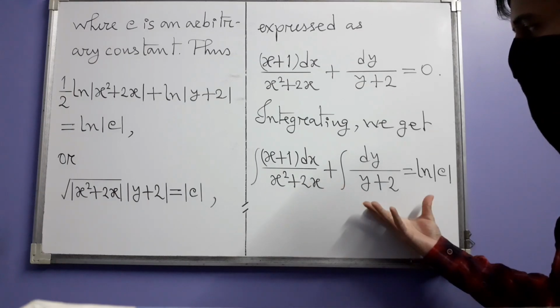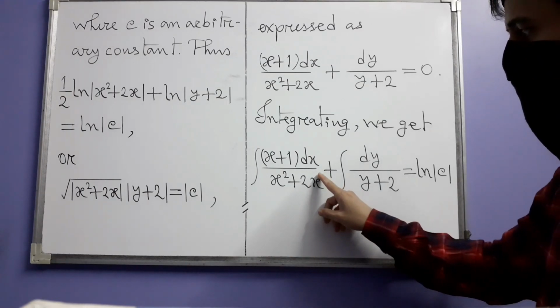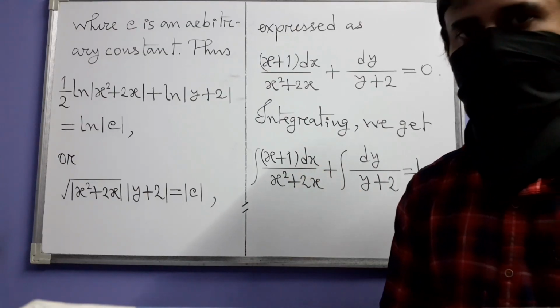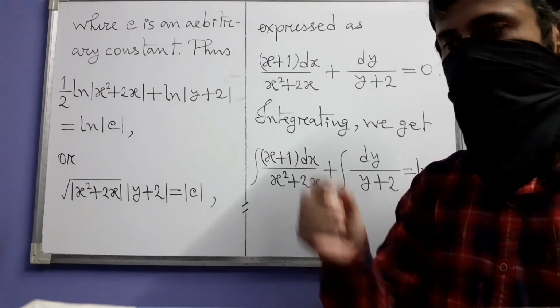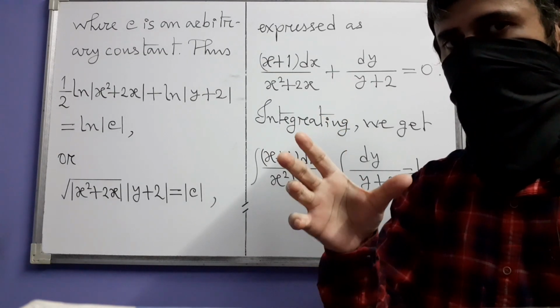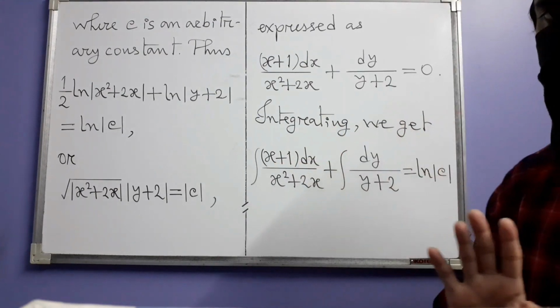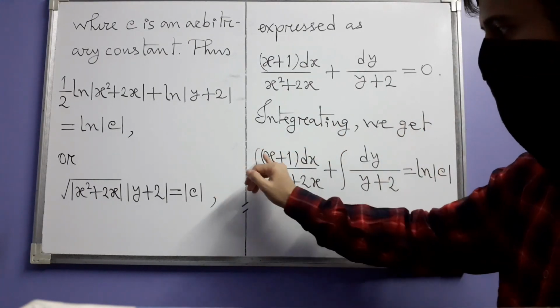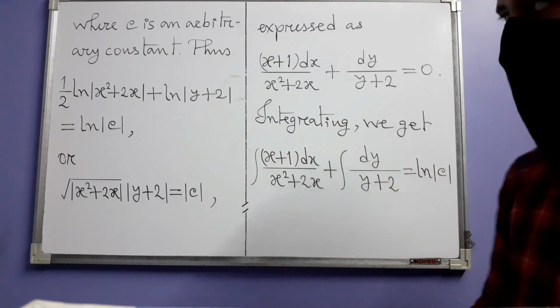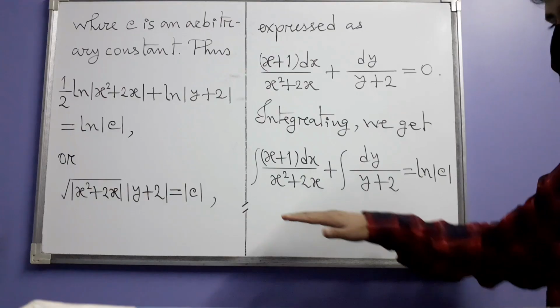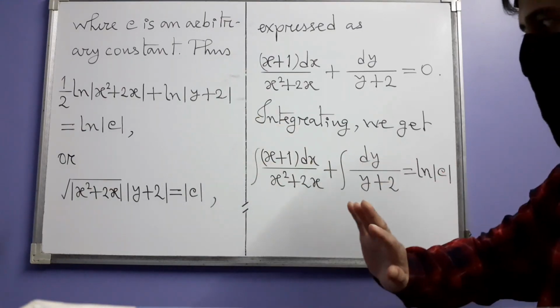What about these integrals? What is the differential of this denominator x² + 2x? This is (2x + 2) dx. We have (x + 1) dx here, that means we do not have 2, so we need 2, and that is why we multiply and divide by 2. So there is actually another step which I have not written.